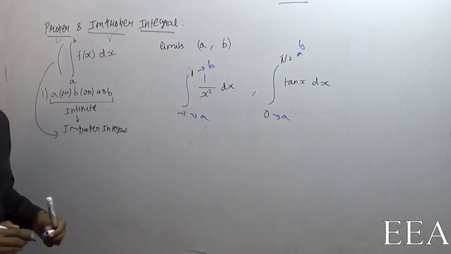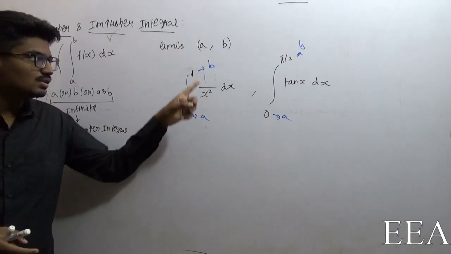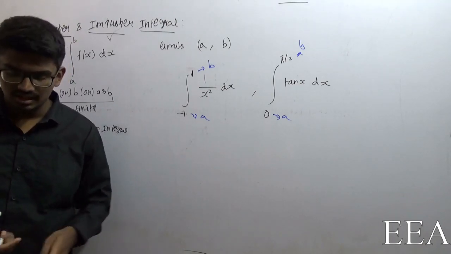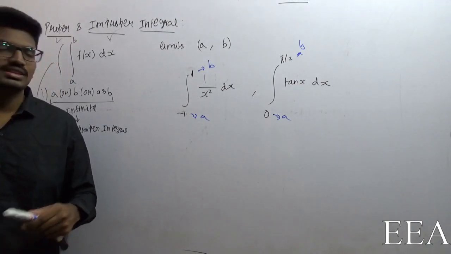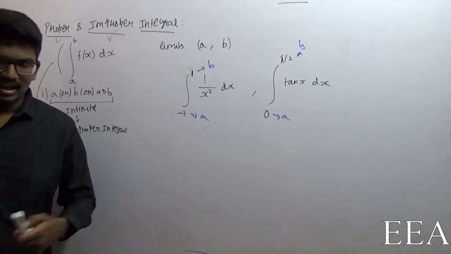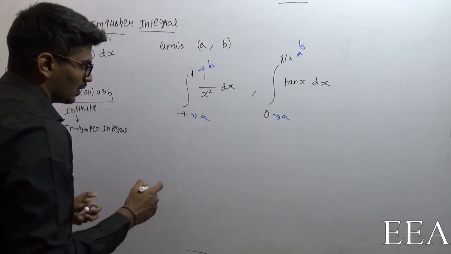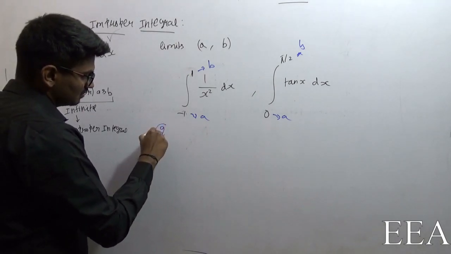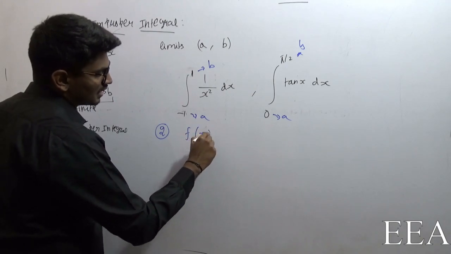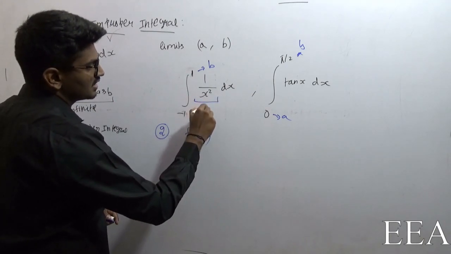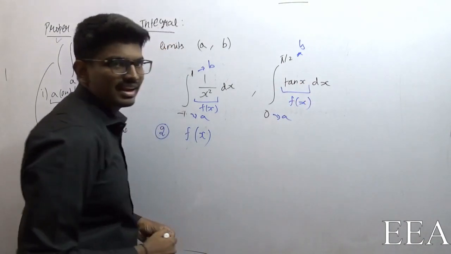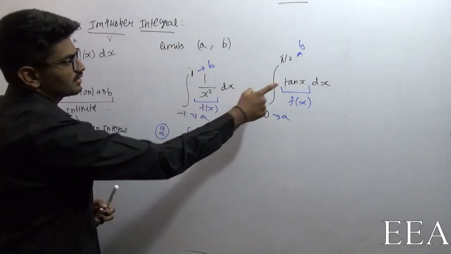In these two examples, both a and b values are not infinite, they are not minus infinity or plus infinity. Then we cannot say directly that it is an improper integral. Then you need to check the second condition. So what is that second condition? Here this is f of x, for the first case and for the second case.